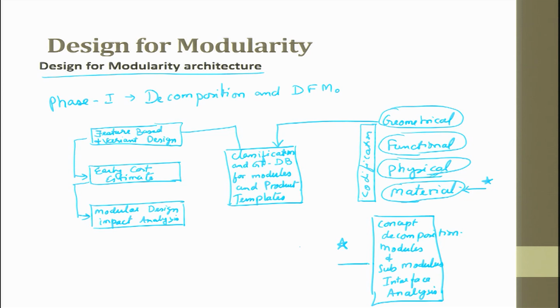So, this continues here. All these things put together is phase 1. From modular impact there is a connect to the classification and coding also. This is phase 1.